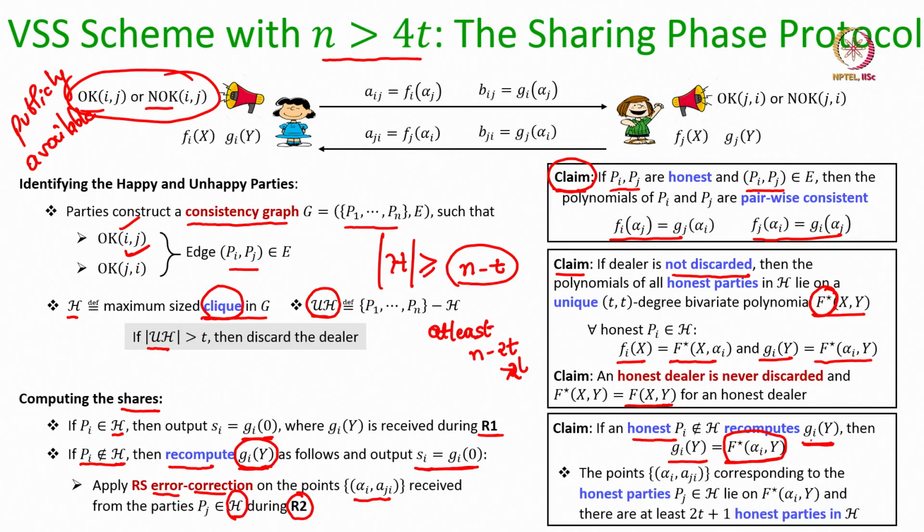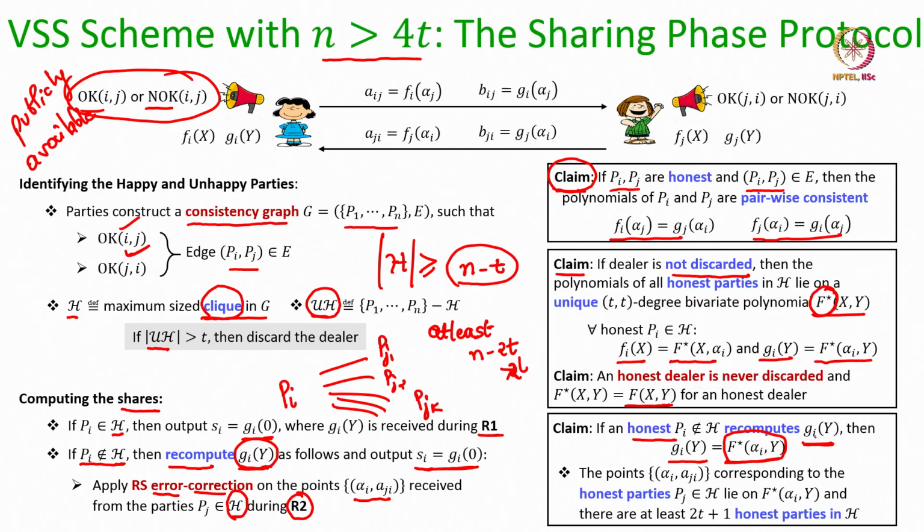So, how is this recomputed polynomial computed here? It is obtained by applying the Reed-Solomon error correction process. So, imagine that there are different parties p_j, say p_j1, p_j2, up to p_jk, in the happy set, and they would have sent the common points on their respective row polynomials to party p_i.